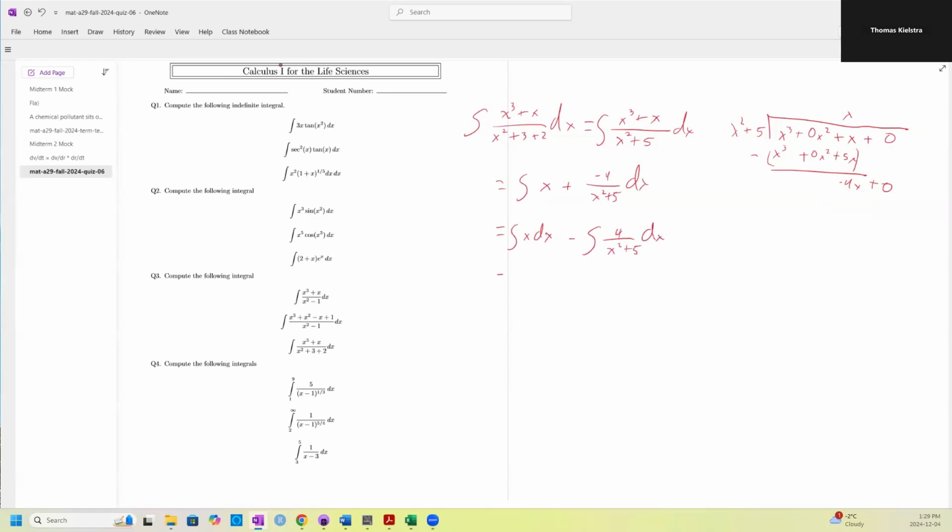And I'm going to leave the remainder of this substitution part as an exercise for you guys to work with. But we get x squared over 2 minus 2 ln of x squared plus 5 plus c. Remember, the absolute value is not required, as x squared plus 5 is always positive.